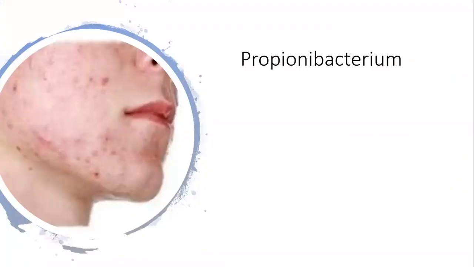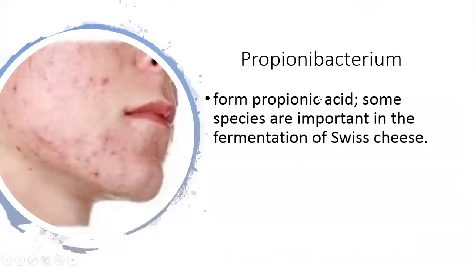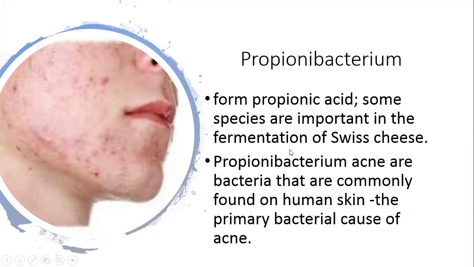Another genus is known as Propionibacterium. This group is commercially and industrially important, because they are the producers of propionic acid, and some of its species are important in the fermentation of Swiss cheese. One member of this genus is Propionibacterium acnes, which is the bacterial cause of acne.